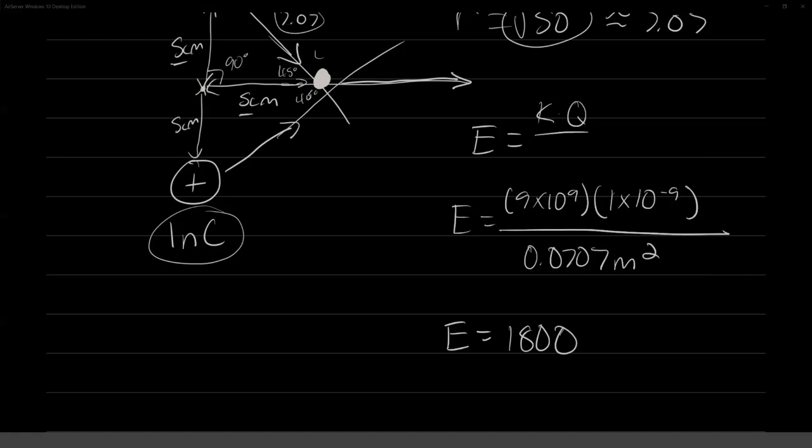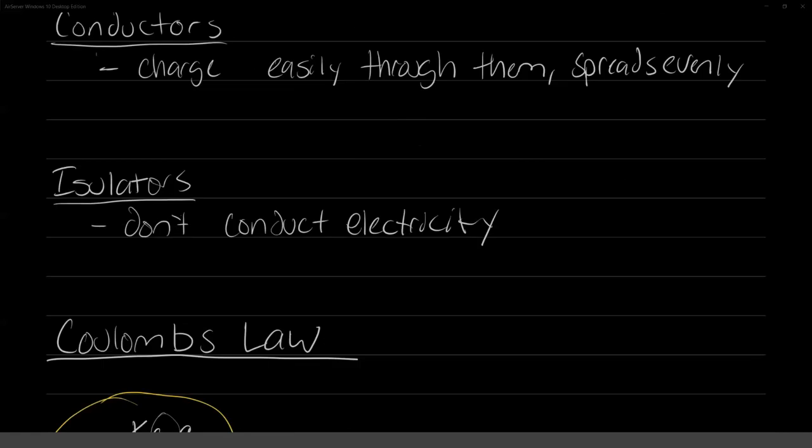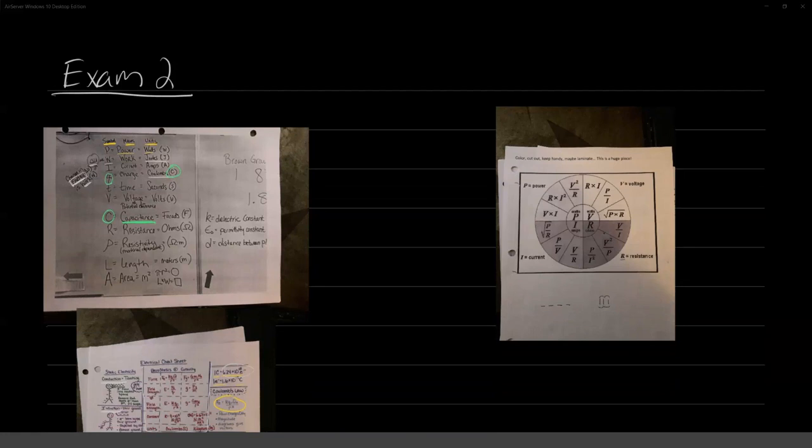Cool. So we know what the units for field strength are, right? We can go back up and look at that. Otherwise, I'm pretty sure it's newtons per coulomb, right?